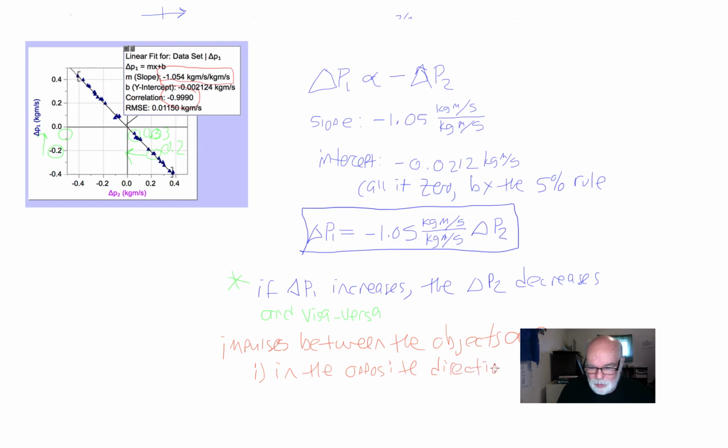So it's important to remember that impulses are vectors, just like momentums are, and they have the opposite directions. That's what this is telling us. As one increases, the other decreases, and vice versa.